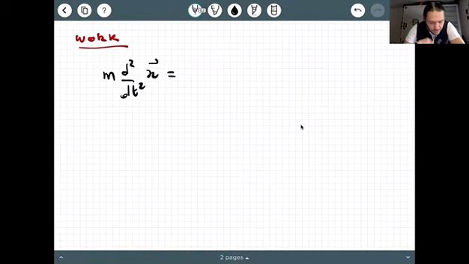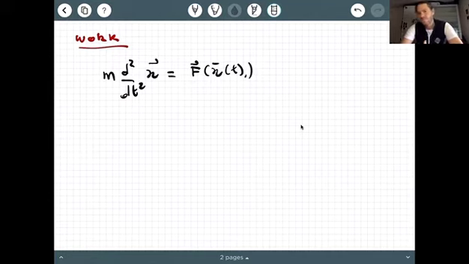In order to know the position of the particle, you have to find a function whose second derivative is in fact equal to the force calculated in that position. If there's velocity, you also have to include other information here, but let's suppose simply the force depends on the position. And this is a very complicated problem to solve.